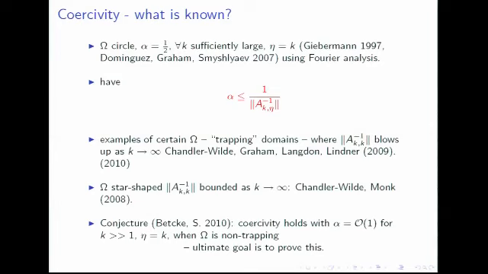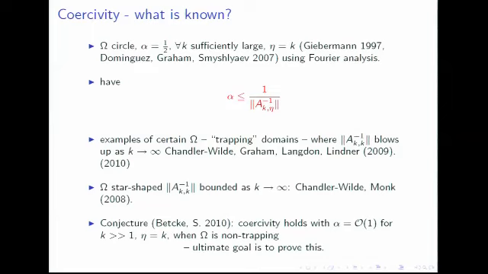Now you can deduce some things indirectly about coercivity, because if coercivity holds, then the constant satisfies this relationship with the norm of the inverse of the operator, and there are some results about certain domains for which this norm of the inverse blows up. So it doesn't tell you if it's coercive or not, but it does tell you that coercivity can't hold uniformly in the frequency k.